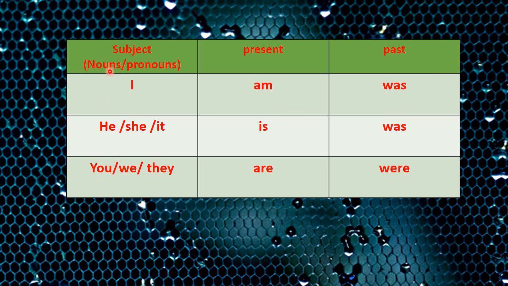Then any plural noun or pronoun like you, we, they, we are going to use are in present and were in the past. So this is the table of the uses of is, am, are, was, and were.